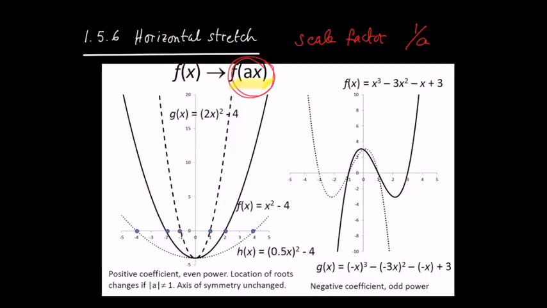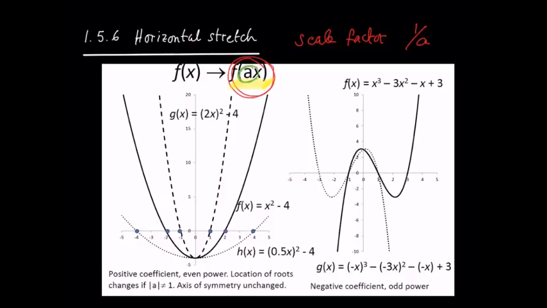When we apply the horizontal stretch, or the horizontal scaling, or the stretch parallel to the x-axis, the stretch in the x direction, as it's variously called, we have to multiply the x values by the scale factor, not by the number that's inside of the function here.